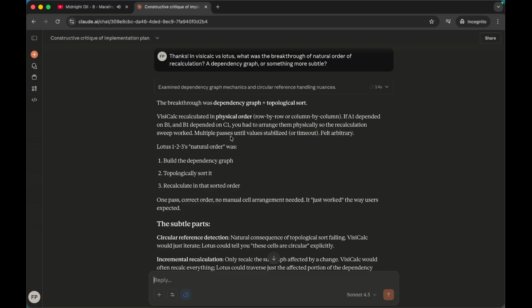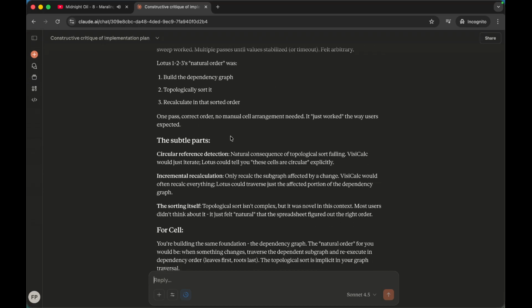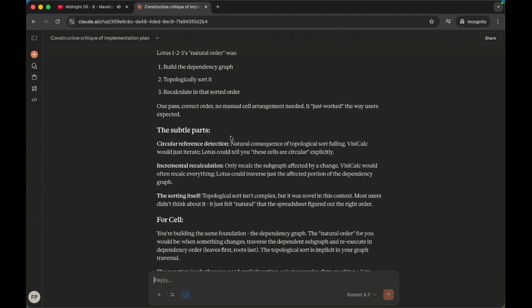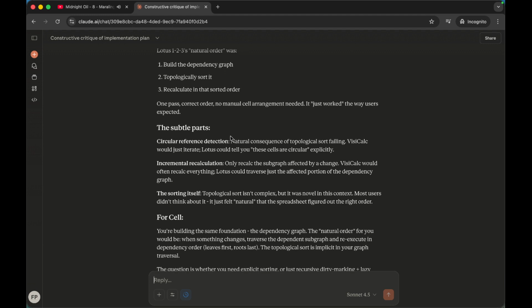Yeah, it was from the top. BC-Calc would get stuck with circular dependencies.